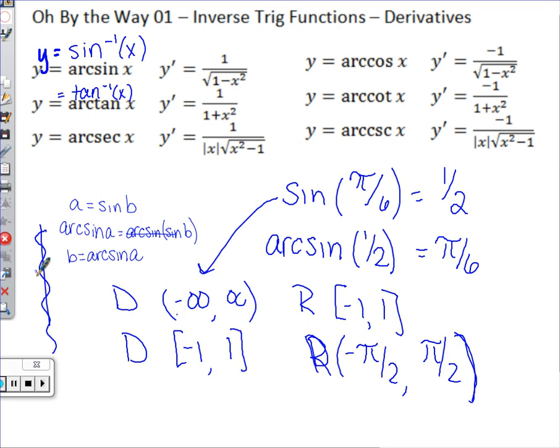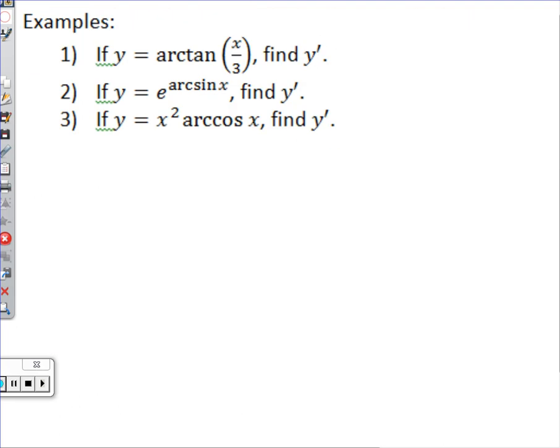3 examples. The first example I want to do is chain rule, where the outside function is one of the arc functions. So if y equals arctangent of x over 3, find y prime.